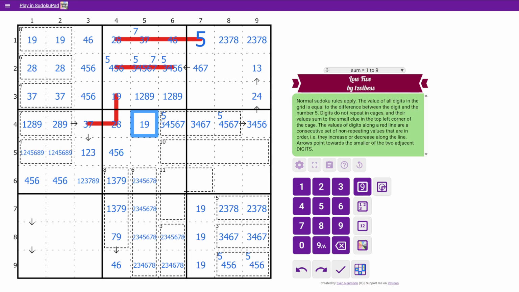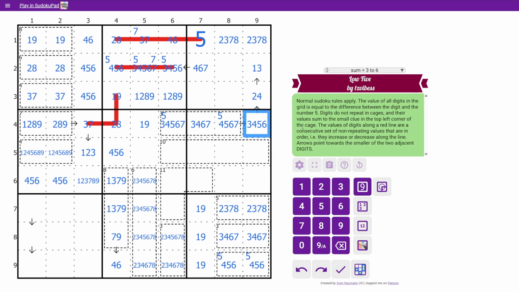Oh yeah, that's right. 0, 1, 2. This is 3, 4. Here's the other 2. Here's the other 3. There's a 4 here, so there's a 1 here.